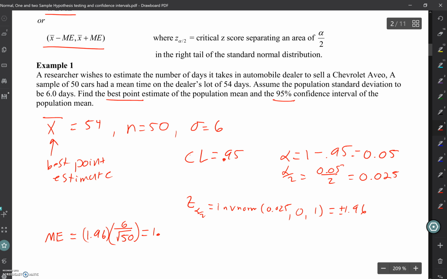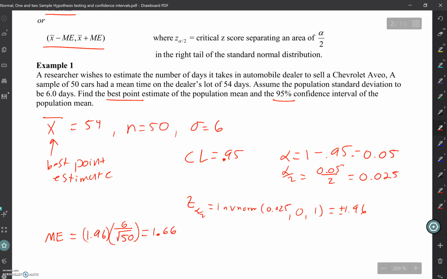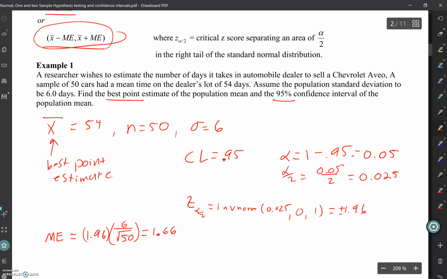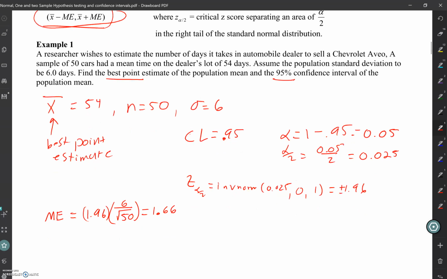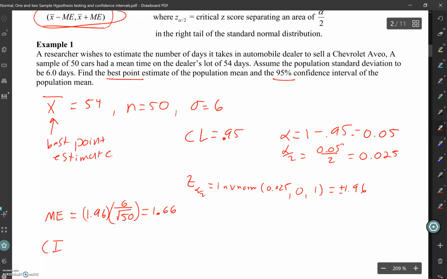One point something, right? 1.66. All right. Now, according to this formula up here, I want to add and subtract that number from my x bar. So my confidence interval becomes 54 minus 1.66 and 54 plus 1.66.